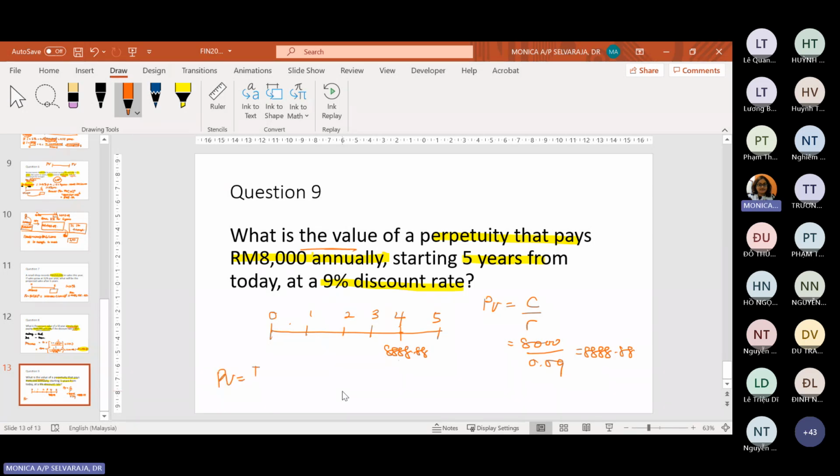So the present value is future value divided by, so year 1, 2, 3. The amount.